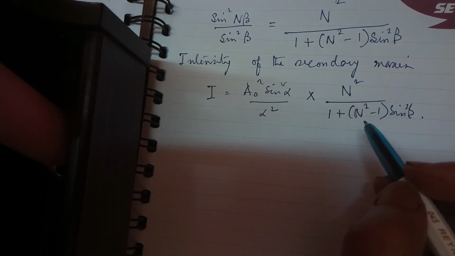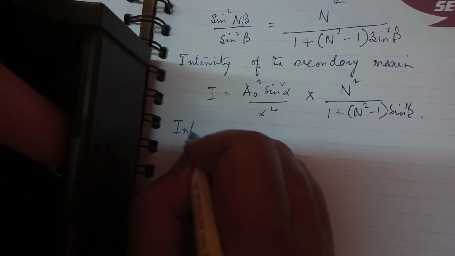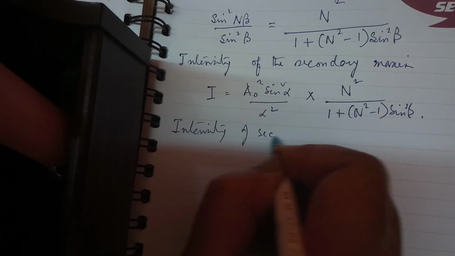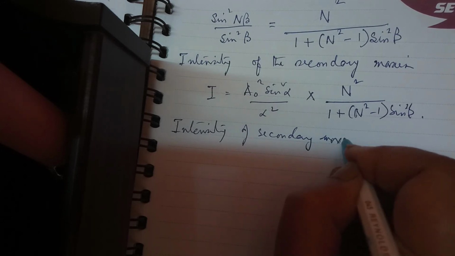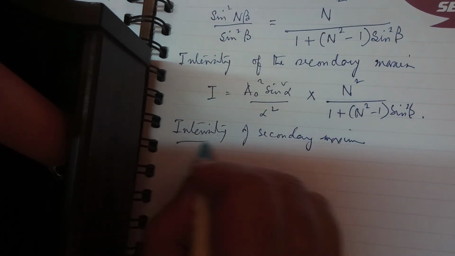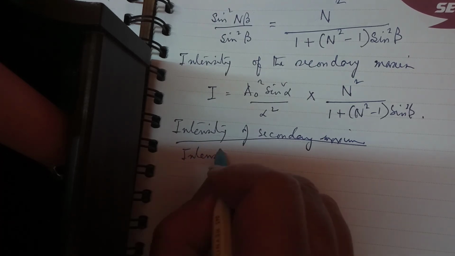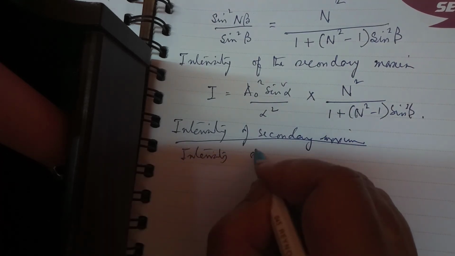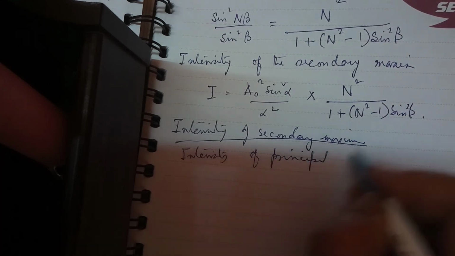So if you just take the ratio of the intensity of secondary maxima to the intensity of principal maxima, what do you get?